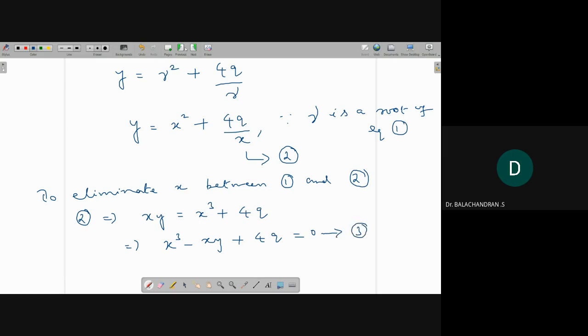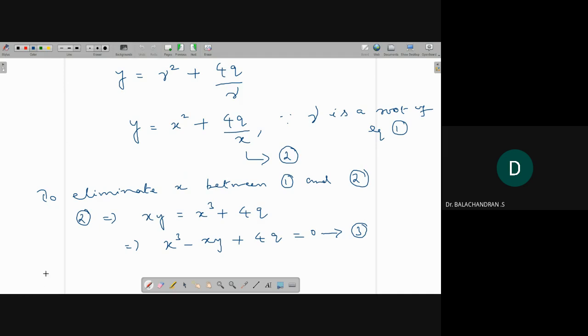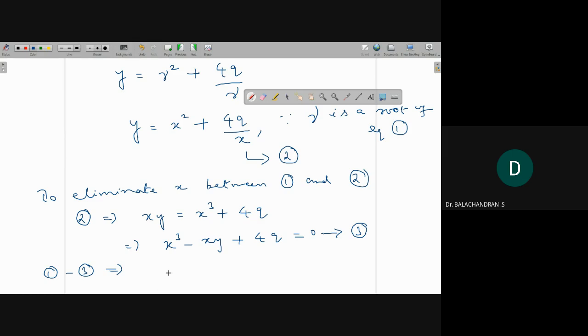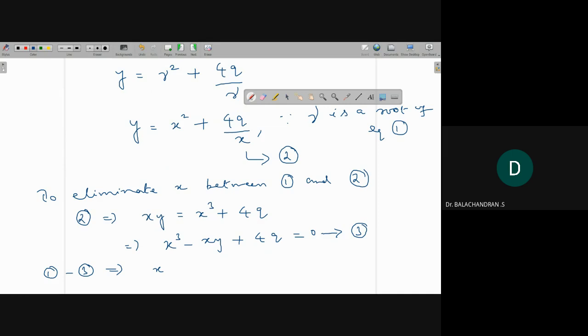Now I am going to add equation 1 and 3. Should we add or subtract? Subtract, 1 minus 3. What do we get when we subtract? Please tell, what is 1? x cube plus px plus q, minus x cube minus xy plus 4q is equal to 0. So x cube gets cancelled.